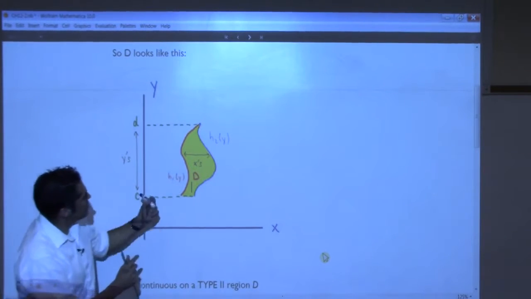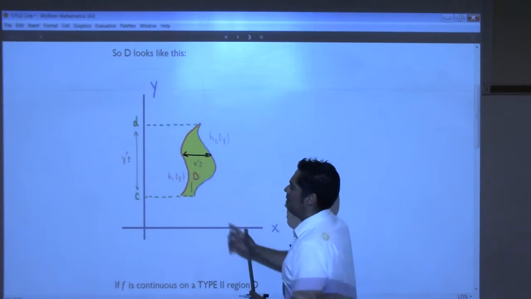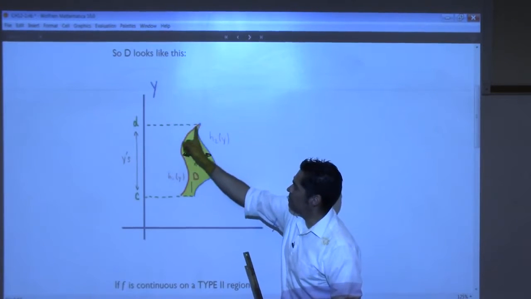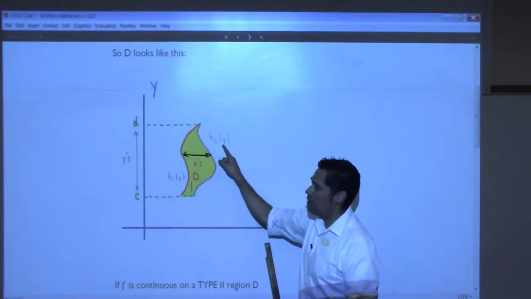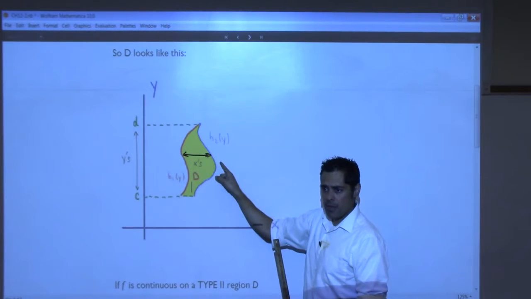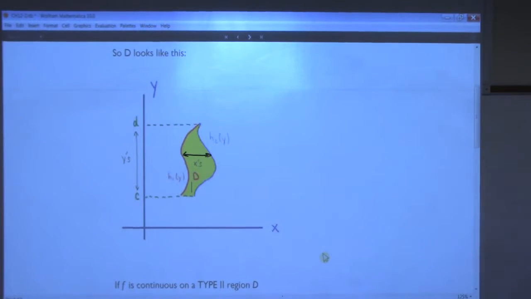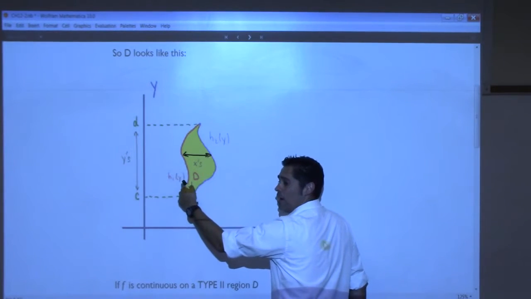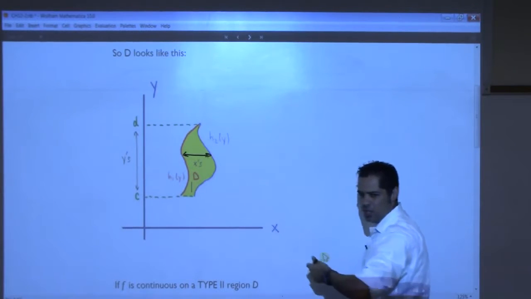If you draw a horizontal double arrow, then your left x value is bounded by the red curve, and your right x value is bounded by the blue curve. The blue and the red functions are both functions of y. So we'll call this one h sub 1 of y and this one h sub 2 of y. We just use h instead of g.